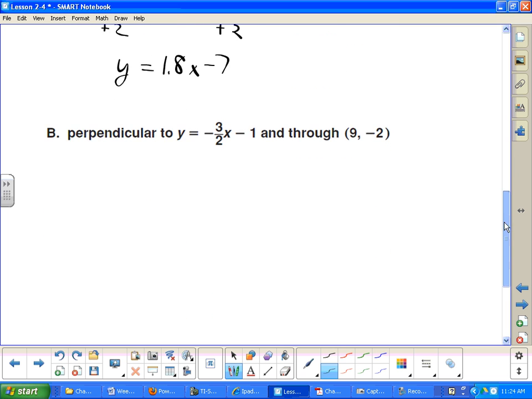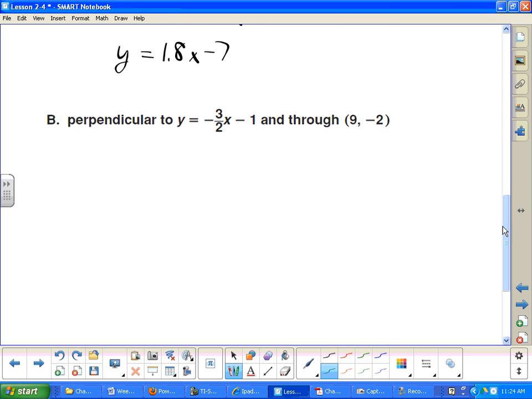So let's look at one where the lines are perpendicular. So here we want to know the equation of the line that's perpendicular to the line y equals negative 3/2 x minus 1, and goes through the point (9, -2).